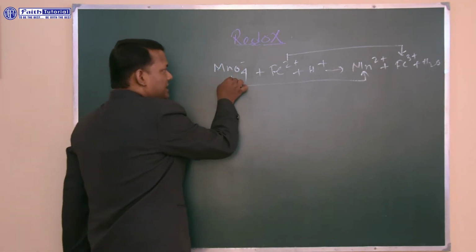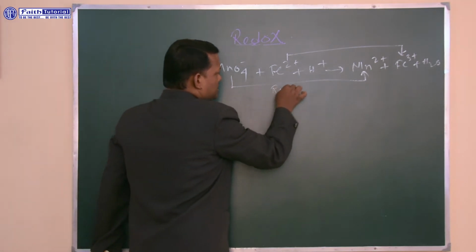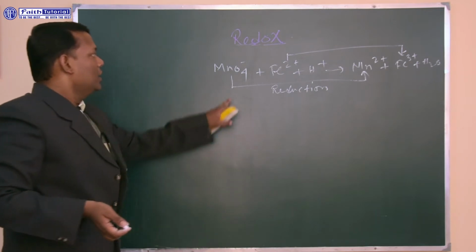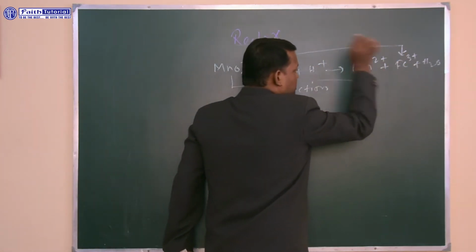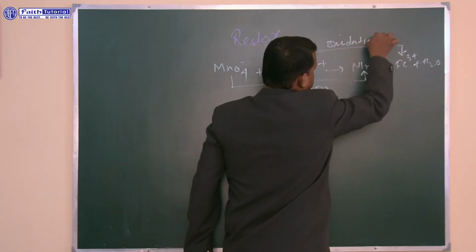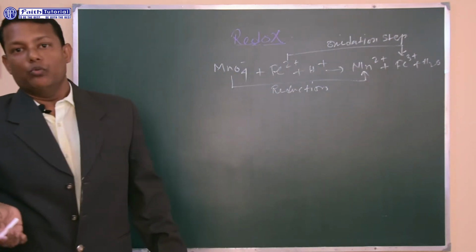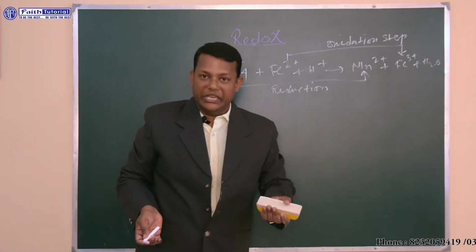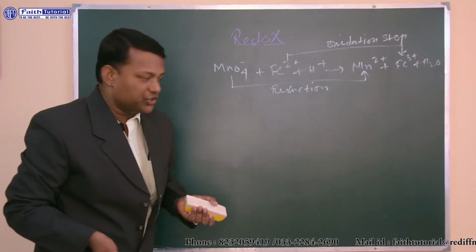So MnO4 minus to Mn2 plus is your reduction step, as it is losing 4 oxygen atoms. Fe2 plus to Fe3 plus is your oxidation step, as iron is giving 1 electron, because we know electron loss is oxidation, oxygen loss is reduction.